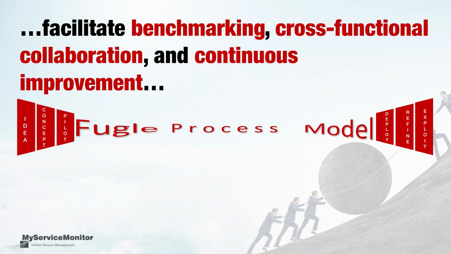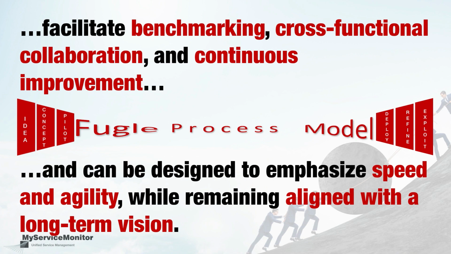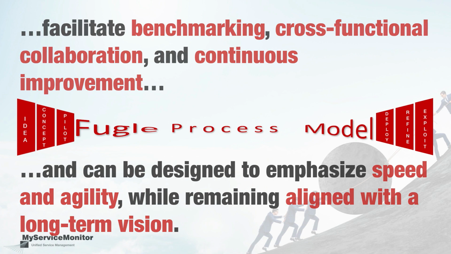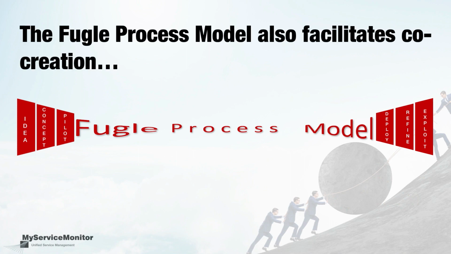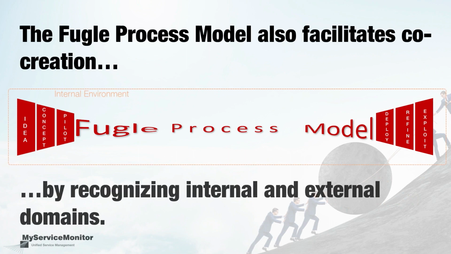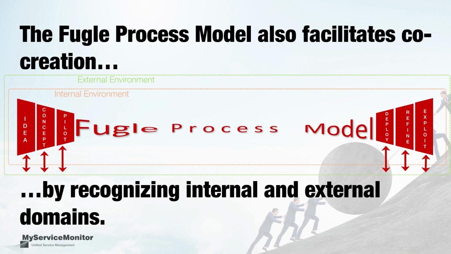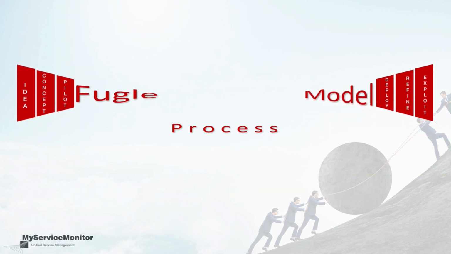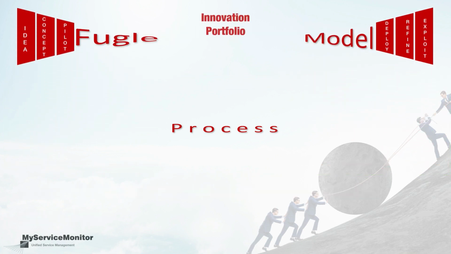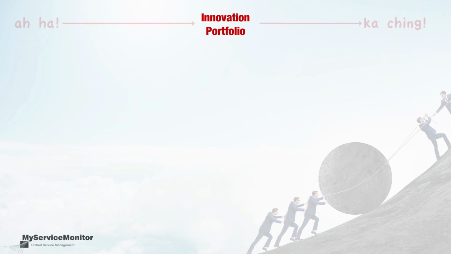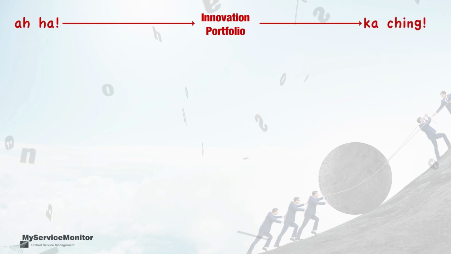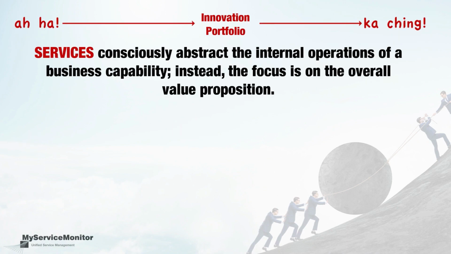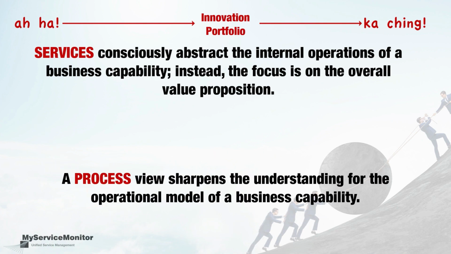And it improves communication, agility, and alignment. It also recognizes the external world. The Fugal model focuses on the path from idea to value, or aha to ka-ching. The cycle of abstraction to decomposition, service to process, that nature of the beast thing.